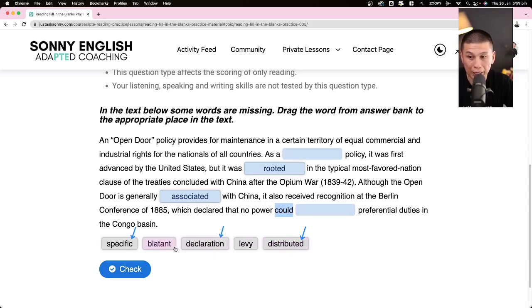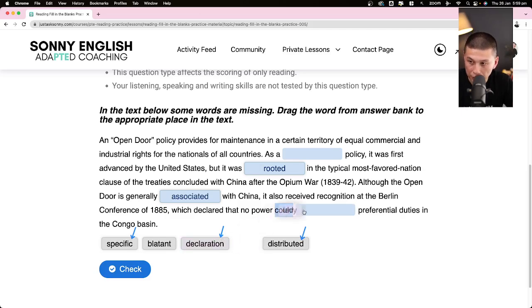Now, we're only left with two options, but I told you earlier, blatant is actually an adjective. If you didn't know, now you know. Blatant is to describe something that is straightforward, very direct. You can use that to describe a person, okay? Blatantly rude, or I use it as an adjective. The person is very blatant, right? So they're very direct, very straightforward.